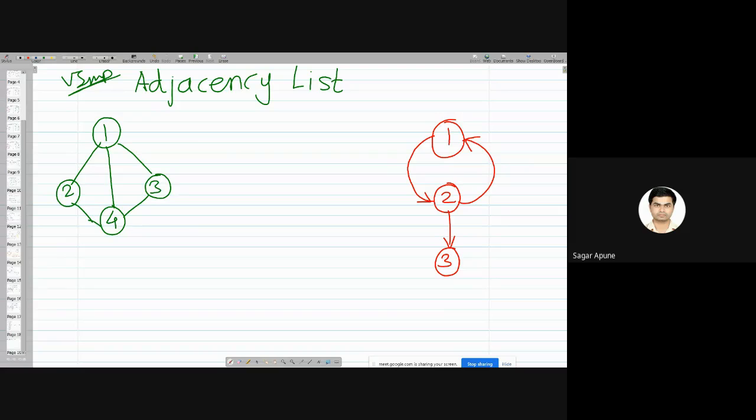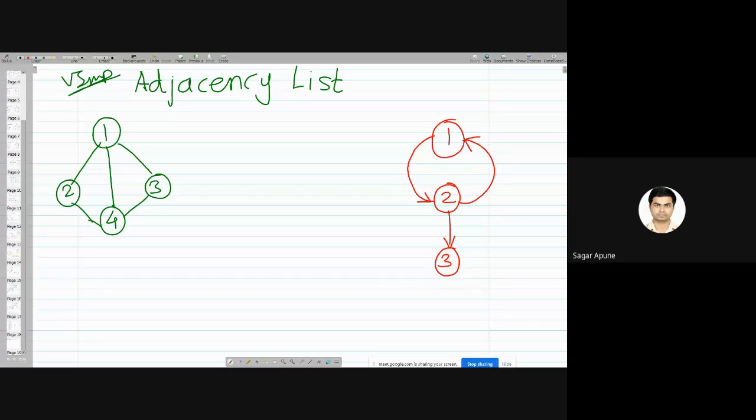Adjacency list means every vertex is termed as a head node, and if there is a connection from one vertex to another, then we can add it to the linked list. A linked list is a structure of nodes connected together.